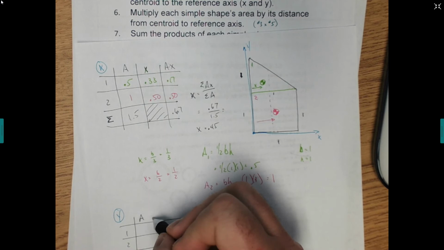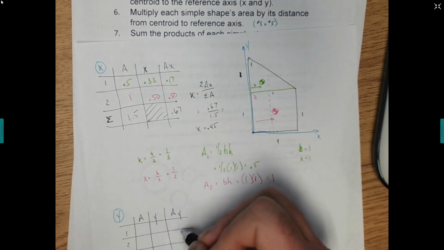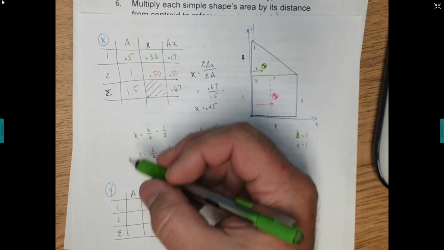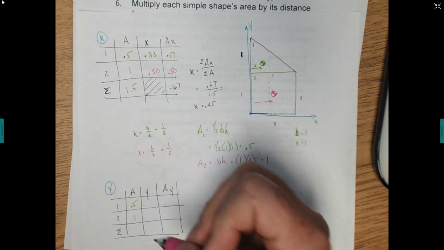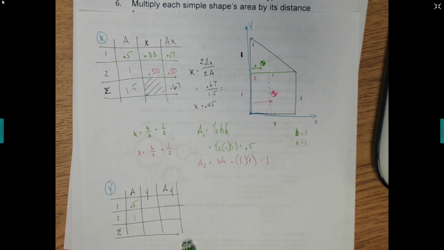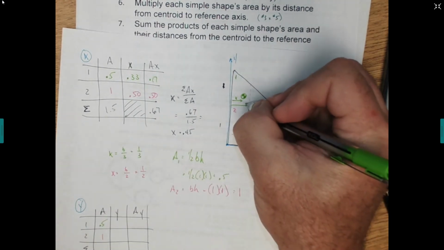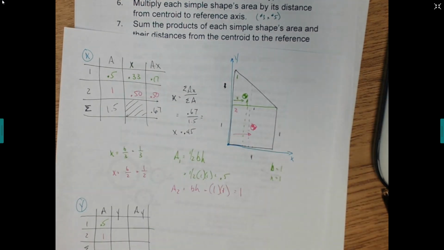Then we're going to have the area, then y, and then the a times the y, because we kind of know what we're doing now. Now the areas didn't change, did they? The area of this triangle is still 0.5, and the area of this square is still 1. But the y does change. Now if we look at this one, we've got this little y here, but it also has to go all the way from down there.